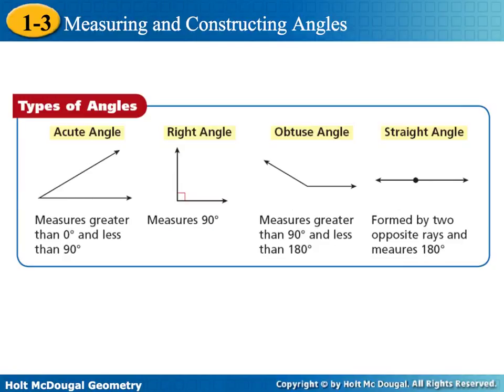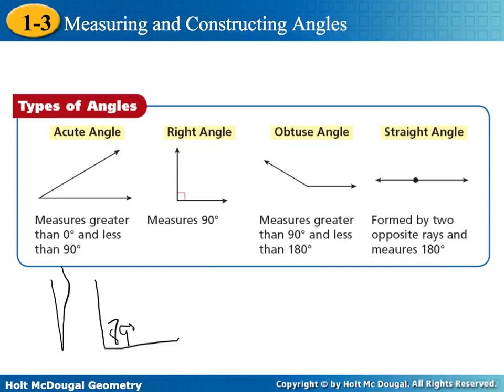An acute angle can be anything from something so small that it's only got a 5 degree or something almost close to a 90 degree, but it's 89. So this would be an acute angle, and this would be an acute angle. Any angle that has a measure between 0 and 90 is an acute angle. There is only one right angle, and it has to measure 90 degrees. This little box indicates that it's 90 degrees.